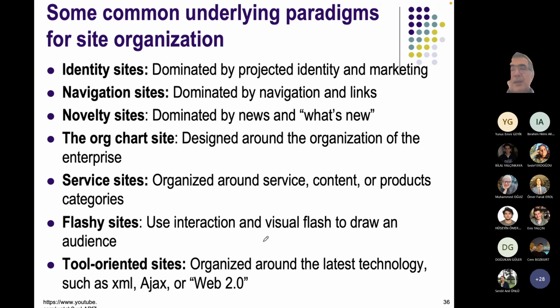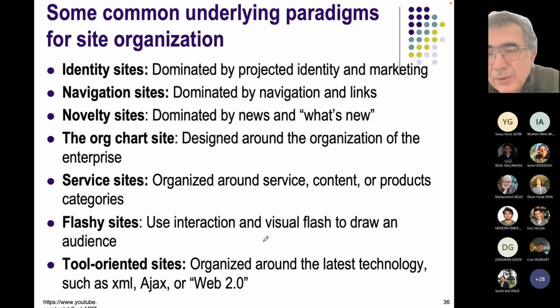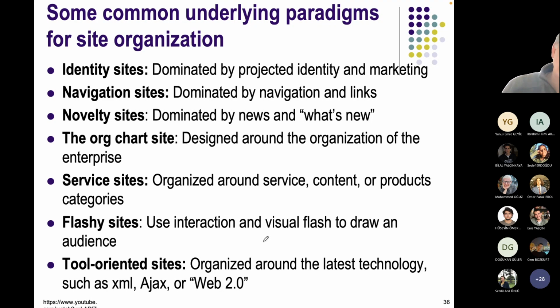There are some flashy sites and tool-oriented sites. So since it's from the book, it says Ajax or Web 2.0. Now it is 3.0, 4.0. But some sites are tool-oriented sites, so they give emphasis on tools rather than the content. And they are usually short-lived.